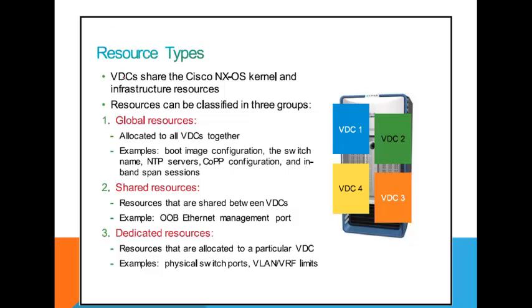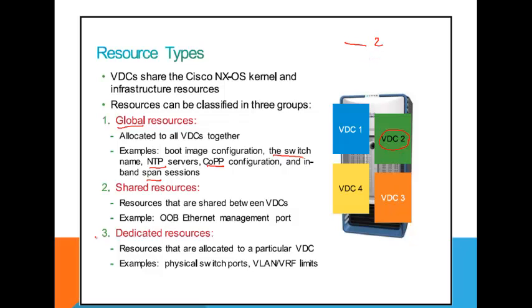Now in VDC there are three different types of resource sharing, meaning there are some resources which are globally shared, for example NTP, control plane policing, configuration, SPAN, the switch name. The default switch name is common for every VDC. So if I have VDC 2, it will have the default name and then that number 2.